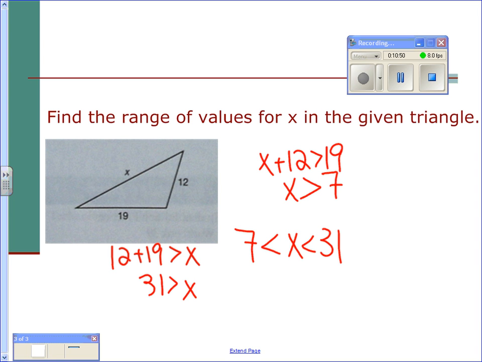Are those numbers in between 7 and 31? I didn't have to make a separate inequality for this. Does that make sense? Y'all see how that works? So you make one where x is the smallest side or where x is the largest side. Those two inequalities, and then you combine them for your final answer. Y'all see how that works? Any questions here?